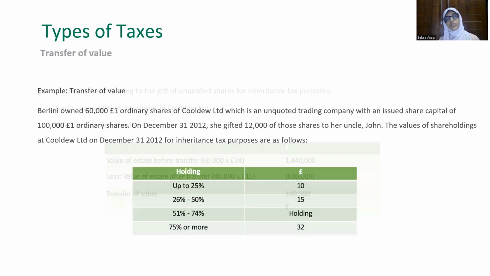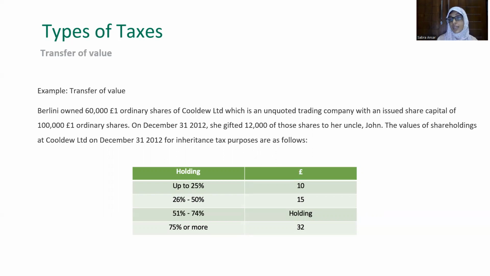Now we were talking about transfer value, and you'll wonder what the transfer value is, so let me explain using an example. As you can see in the slide, Berlini owned 60,000 £1 ordinary shares of Caldew Limited, which is an unquoted trading company. So how many shares did she have?